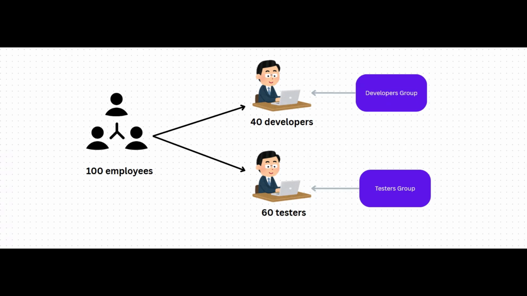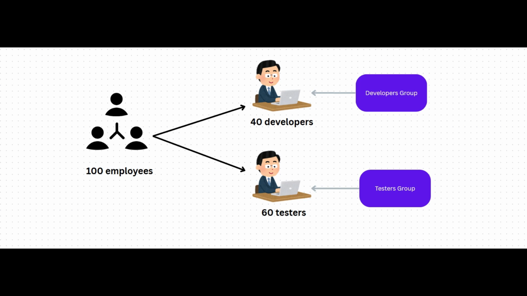Whenever a new tester joins, we just add them to the tester group and instantly they get all the permissions that the group has. The same goes for the developer group. This makes user management scalable, consistent, and secure. And that's exactly why groups play such a crucial role in Azure AD.